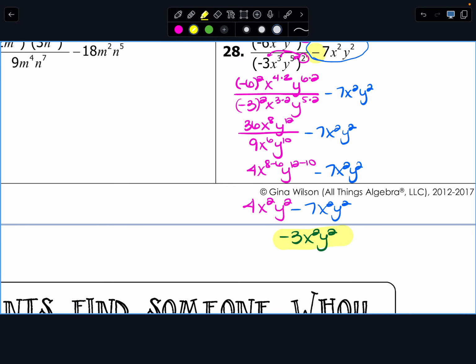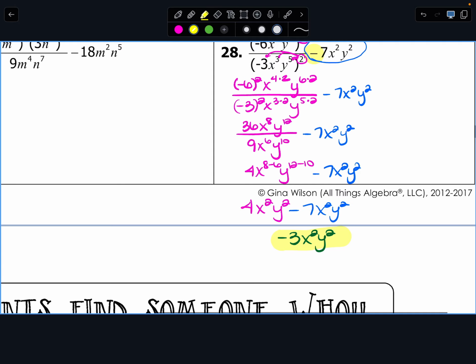Okay, back to Aiden's question. As far as work is concerned, I would have expected to see that step and a final answer. Because the multiplication I think you can do in your head.